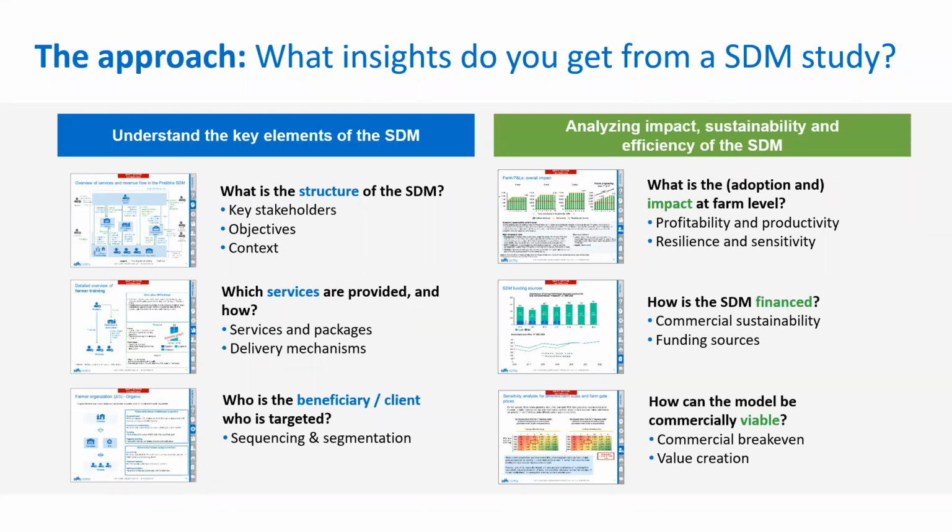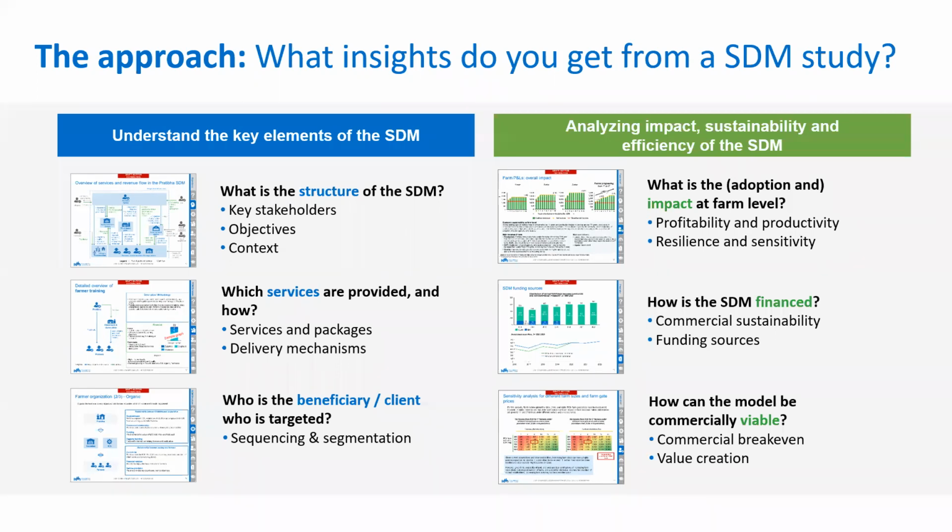In a typical case, the first thing we do is seek to understand the key elements of the SDM. Once we understand these elements, this acts as a launch pad into the analytical part of the report, which is generally split into three parts.